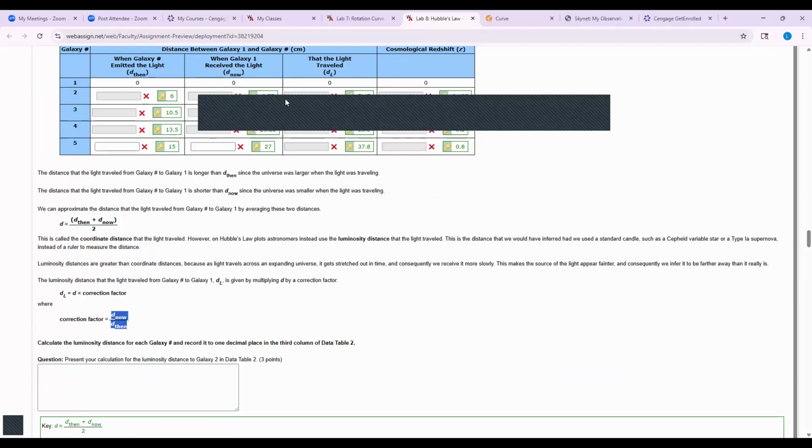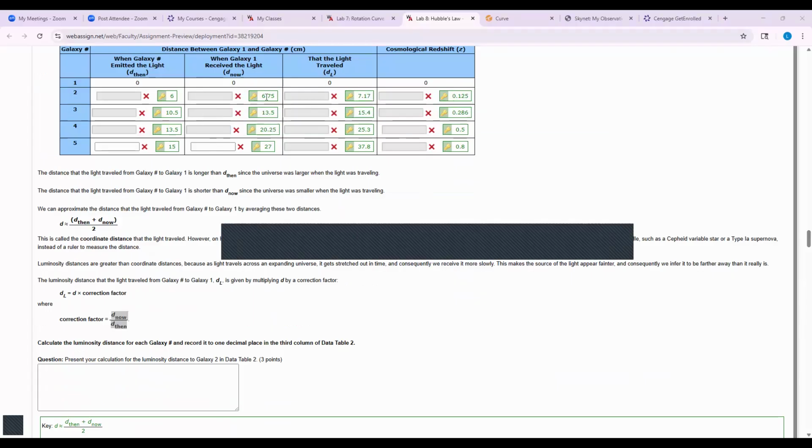For example, here for the first one, it's going to be 6.75 divided by 6. It's going to be around 1 point something. Then you multiply the correction factor by the average of the distance between this and this: 6.75 plus 6.0 divided by 2 is going to be 6.375, something like that.